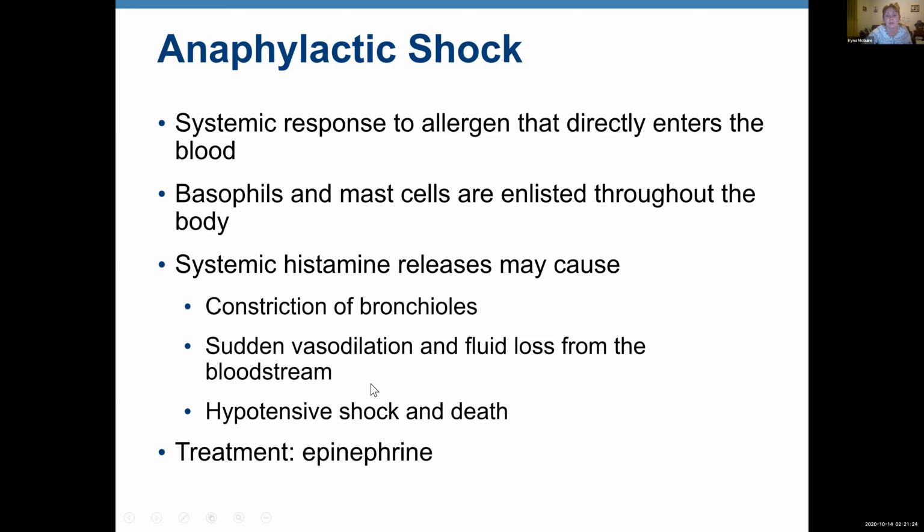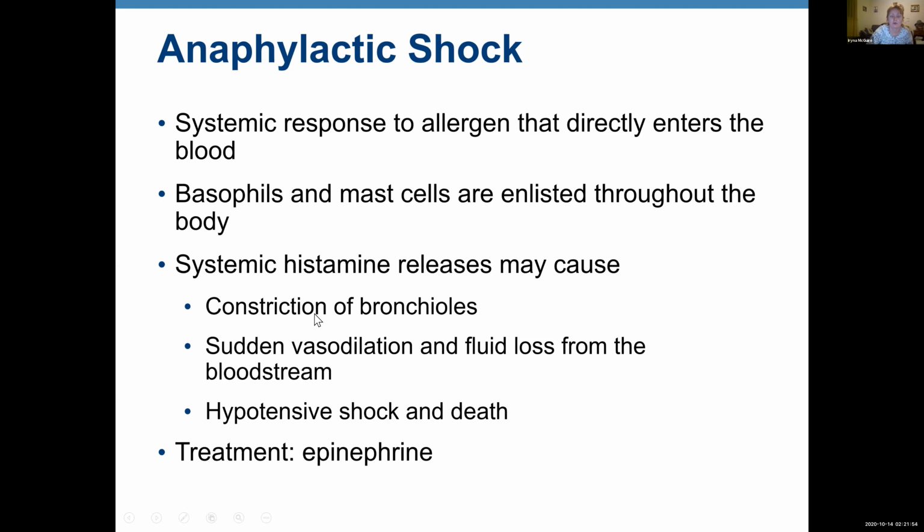So not enough blood flows to your organs, especially your brain, because you have a limited amount of blood, like 5 liters, and it's inside your blood vessels. When all those blood vessels become huge, you don't have enough blood inside them. So very little blood is delivered to your heart and brain, and that's what actually causes shock and death.